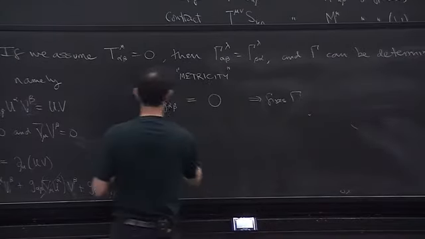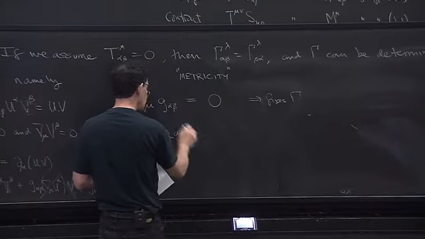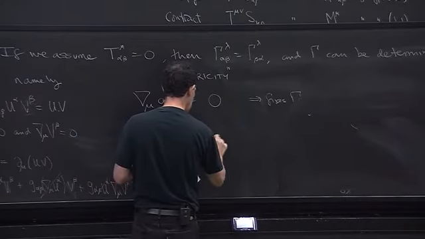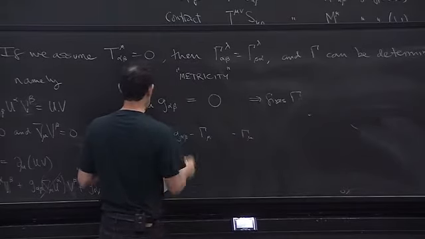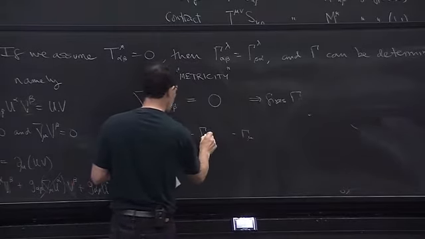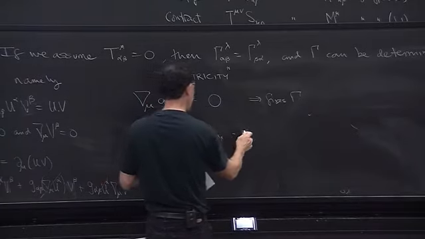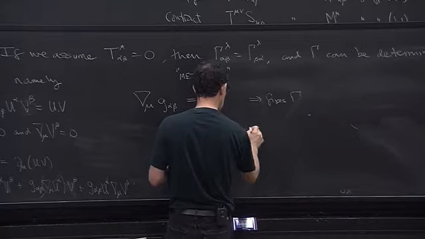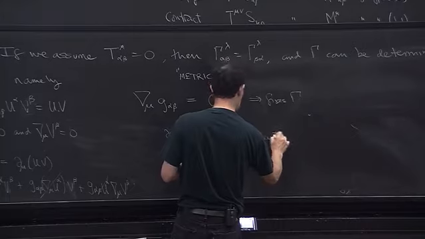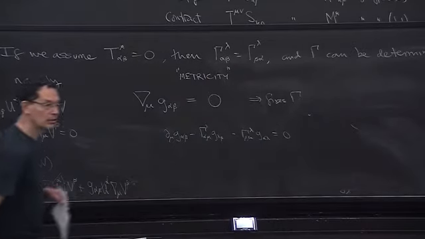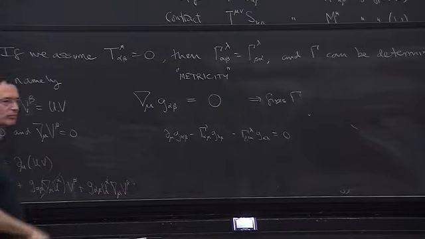So let's just see that. This is ∇_μ g_αβ, two downstairs indices, so I've got minus gamma and then another minus gamma. I first use the alpha index, so this is g_λβ, and then I do the beta index, equals 0. That's the equation. I want to solve for gamma.